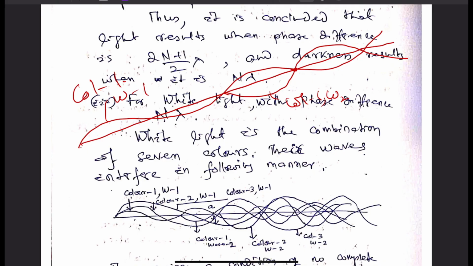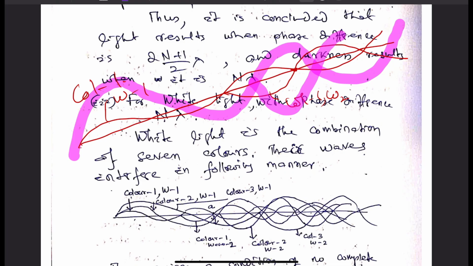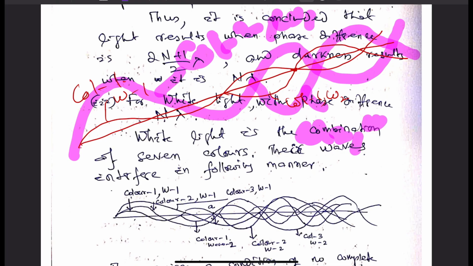Let us take another color. This is color 2, wave 1, and color 2, wave 2.